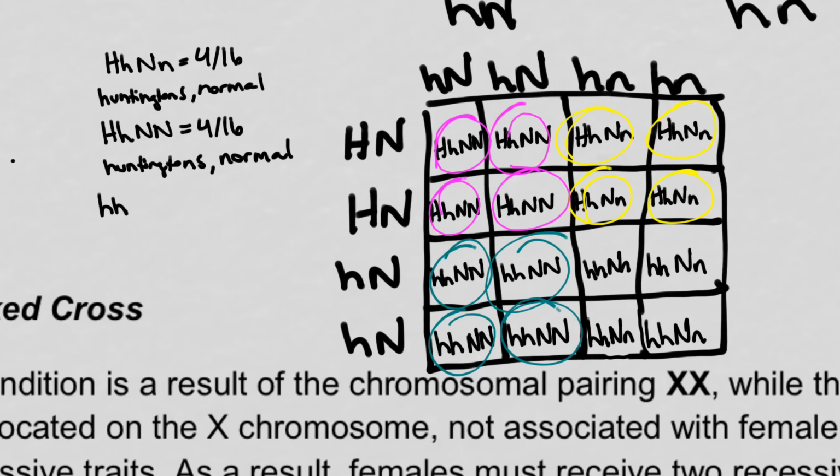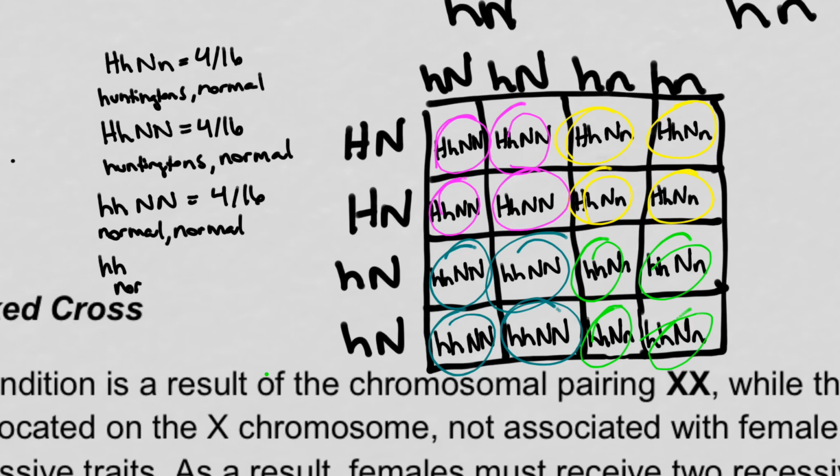So homozygous recessive for the Huntington's gene, which means normal, and homozygous dominant for Tay-Sachs, which means normal, 4 out of 16. Normal for Huntington's, and heterozygous normal for Tay-Sachs, 4 out of 16.